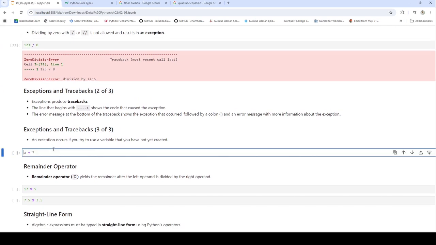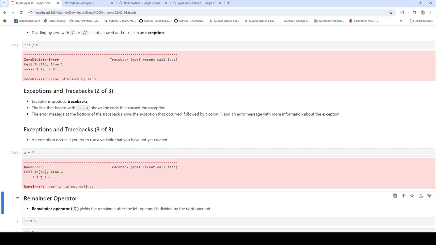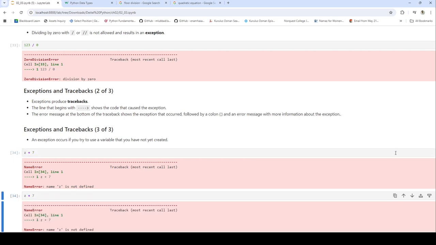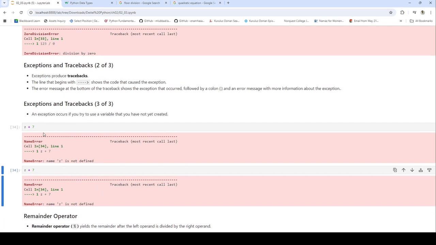Similarly, you might trigger another exception if you are adding 7 to something which does not exist. Remember, we did not use z anywhere. We never assigned any value to z, and that's why we are getting an exception.